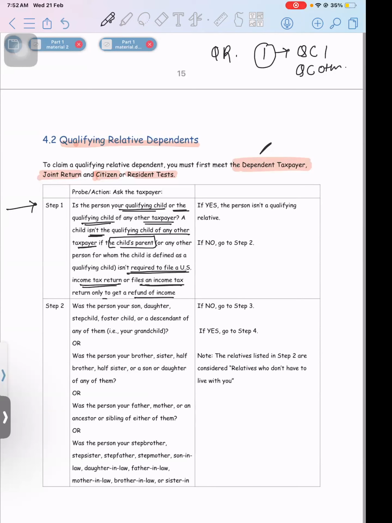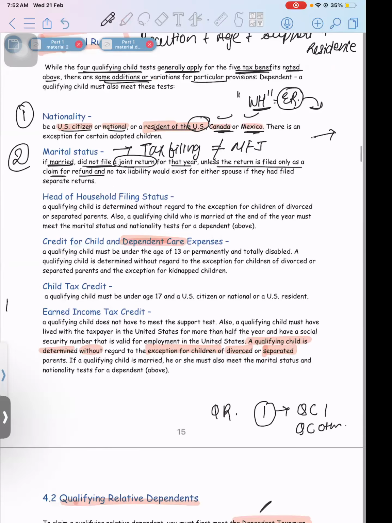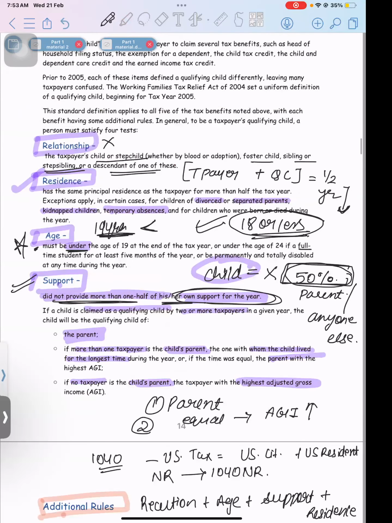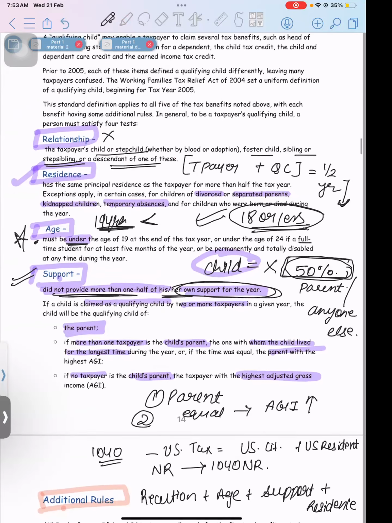If the first step is fulfilled, if a person is a qualifying child, the person isn't a qualifying relative because he's already fulfilling QC status. What was the QC status, guys? The 4 things which we have seen, right? Relationship, residency, age, and support.